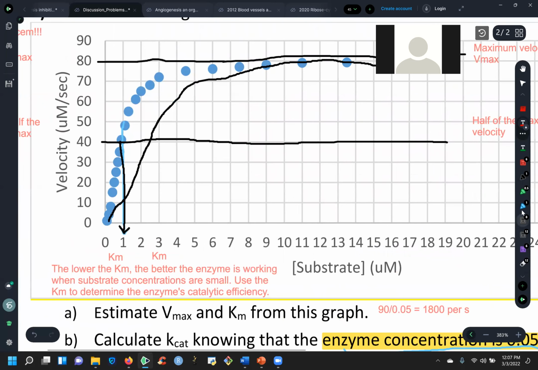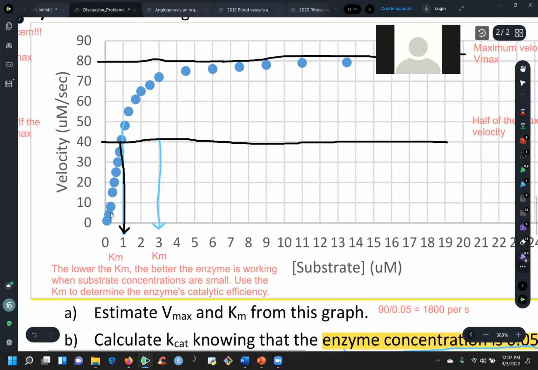And then they said the Km for this guy is 3 micromolar. And if we remember, the way that we got Km is that we drew the line where they intersect. Well, I was a little bit off here, but we drew it here. And that's your Km. So it's really easy when they ask you for Km, because it's just right there.